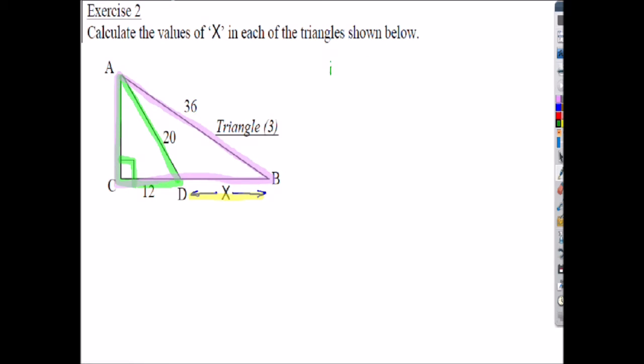So step 1, we're going to consider the first triangle, and I'll sketch it here. 20, 12, and I'm trying to find side length AC. Applying Pythagoras Theorem to this right angled triangle, that would be 20 squared is equal to 12 squared plus, I'll call it AC squared.